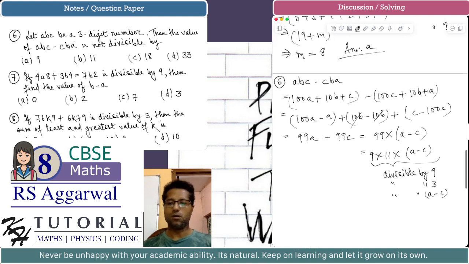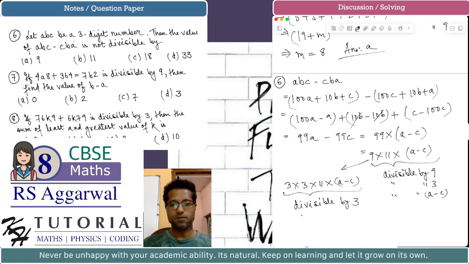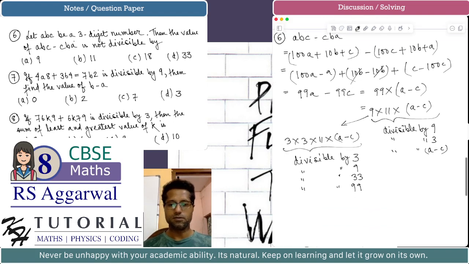So 9 into 11 can further be factorized as 3 into 3 into 11, into A minus C. So it is divisible by 3, also by 3 into 3, that is 9, also by 3 into 11, that is 33, and of course by 99, and also by 11.